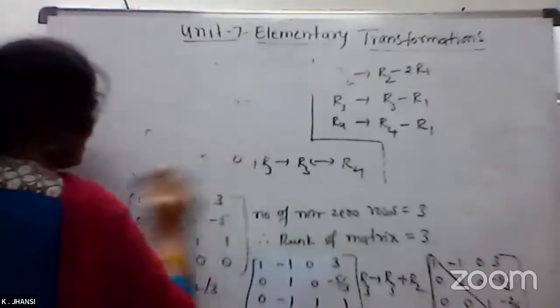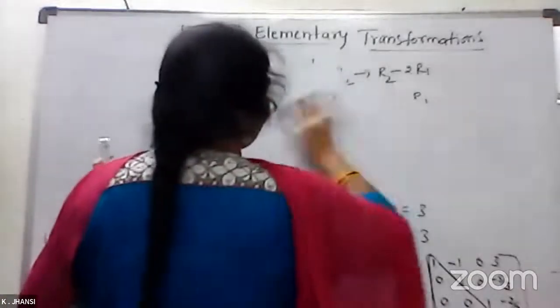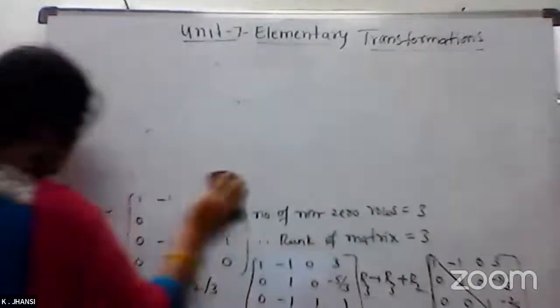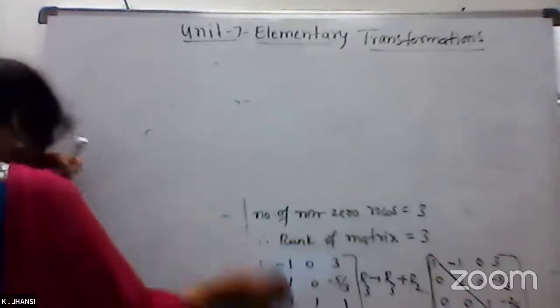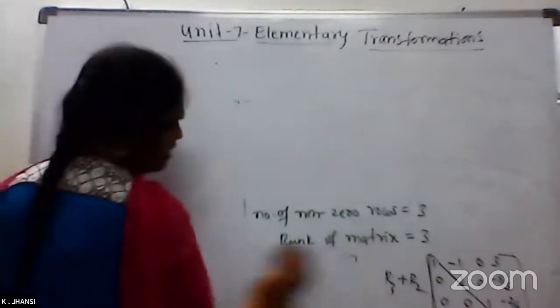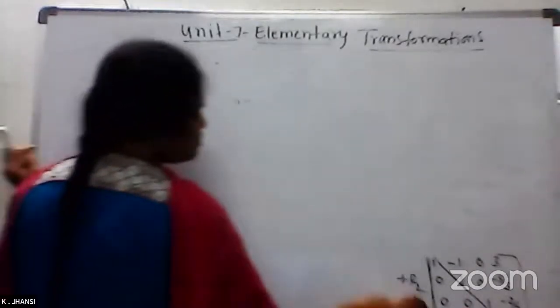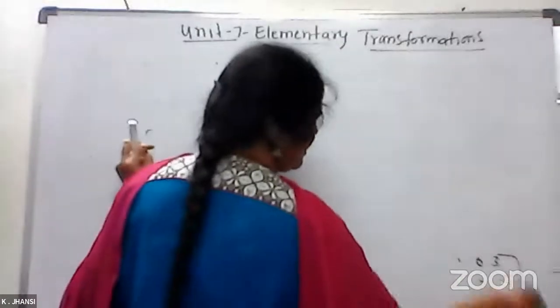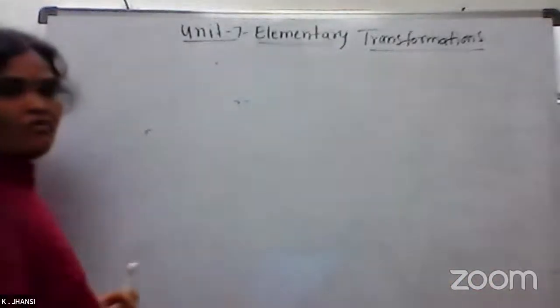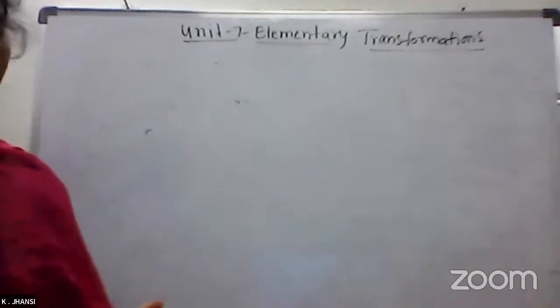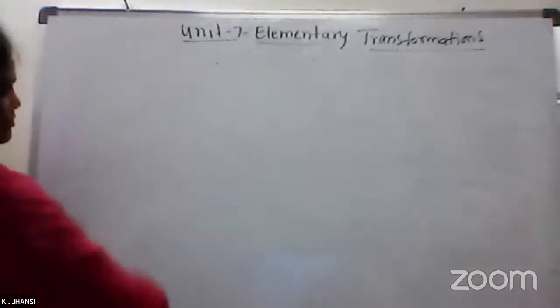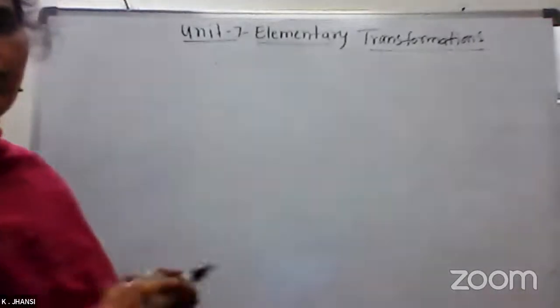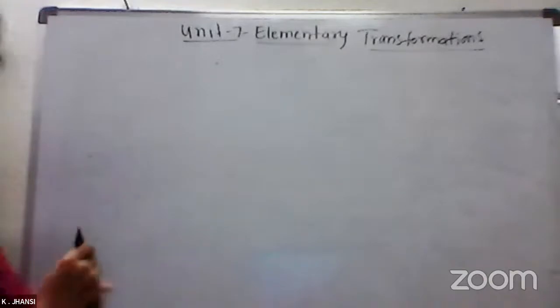Next, in this only we have the topic. Next one is reducing the given matrix into the normal form and finding the rank of the matrix. So in the question they will mention: reduce the given matrix into normal form and find the rank of the matrix. Okay. Reduce the question you have in your textbook.